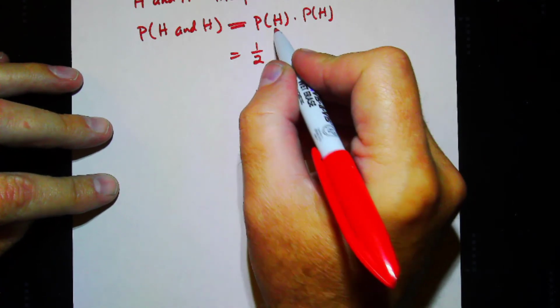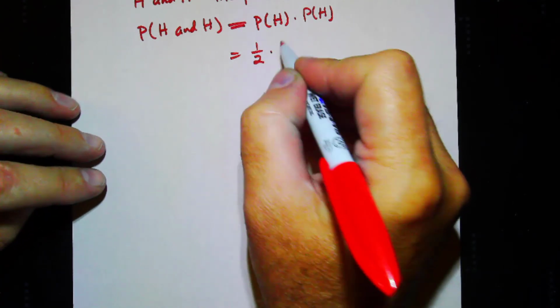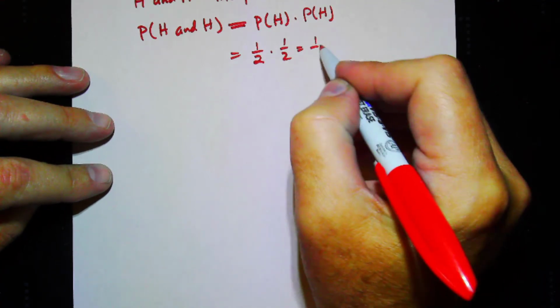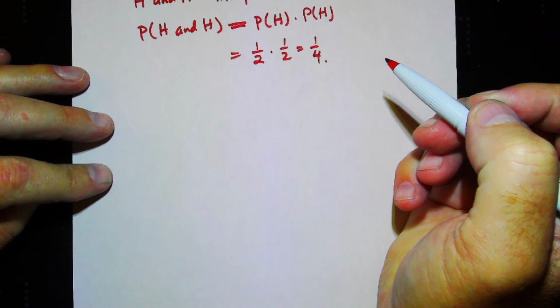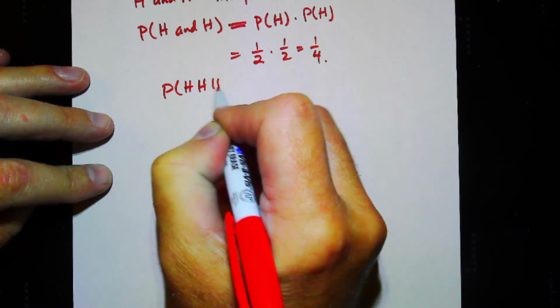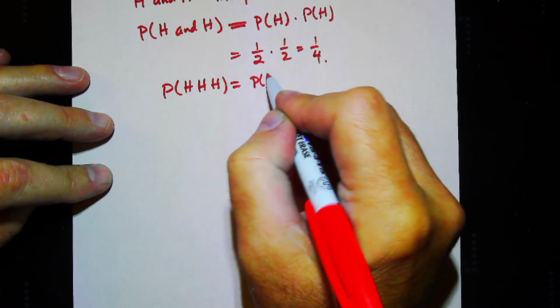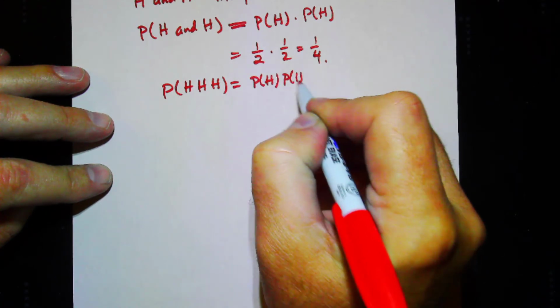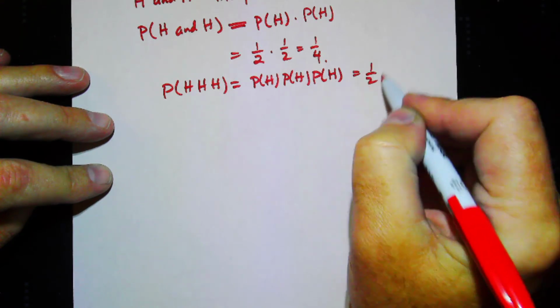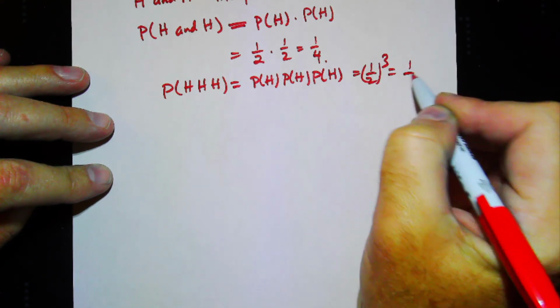Normally, the probability of getting a heads is 1 out of 2 possibilities. So the probability of getting 2 heads in a row would be 1 in 4. The probability of getting heads and heads and heads would be, for independent events, 1 in 8.